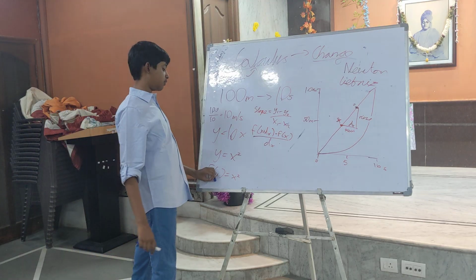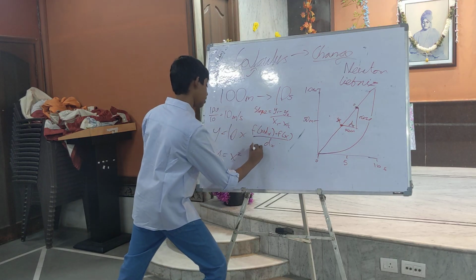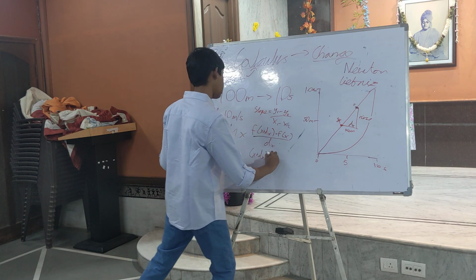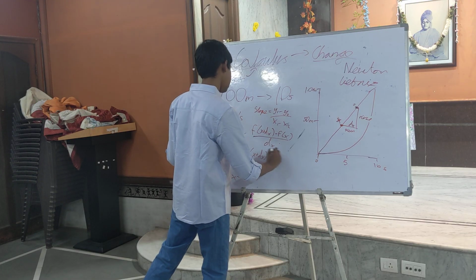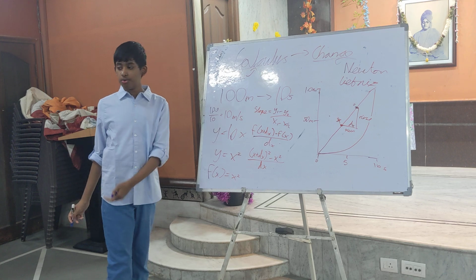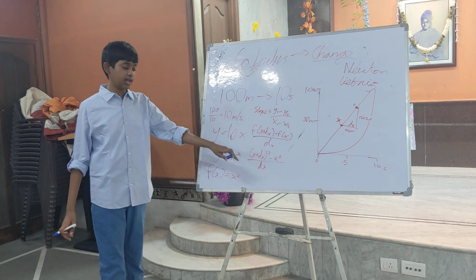So this f of x, we replace with x squared. So f of x plus dx, we change to x plus dx the whole square minus x squared over dx. Now, who in the front row here, the 8th grade section, knows x plus dx the whole square?